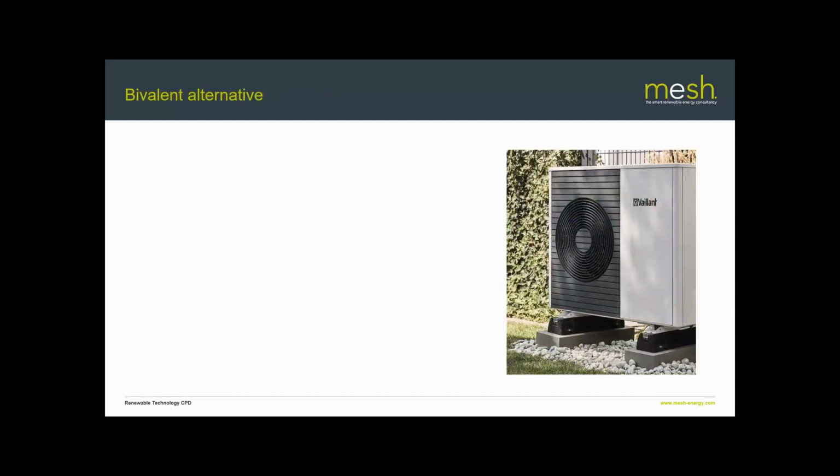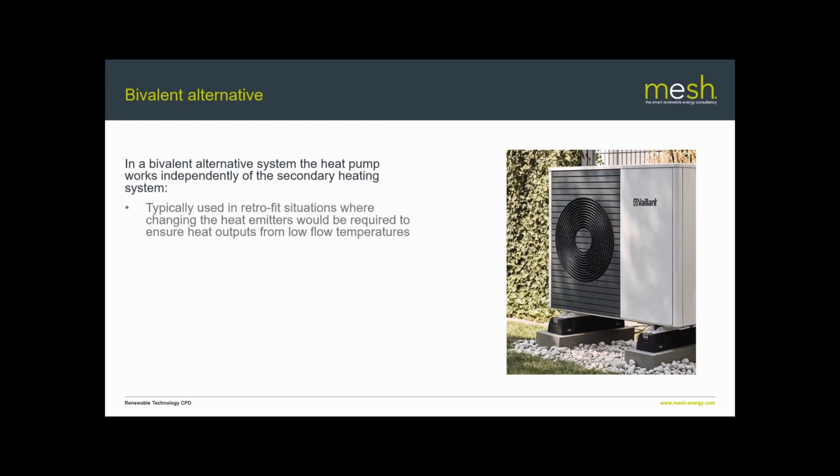Bivalent alternative is very simply where the heat pump works independently of the secondary heating system. So one or the other is running, but they never both run together.